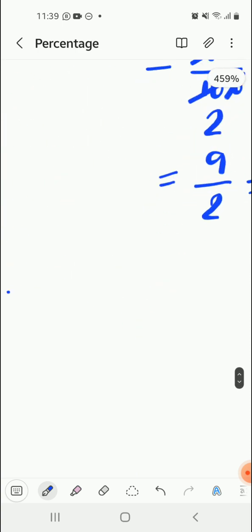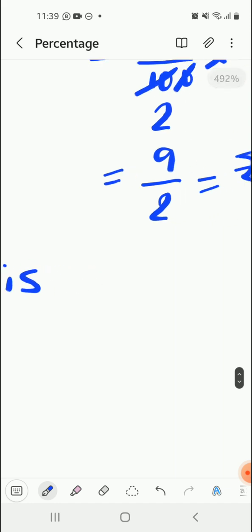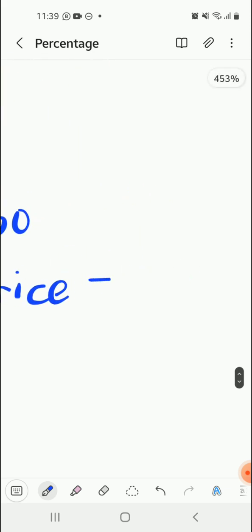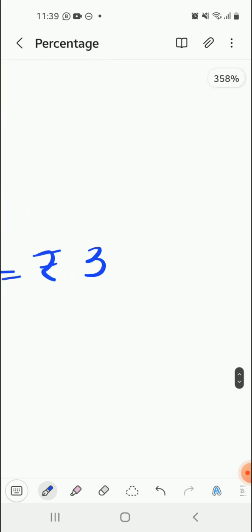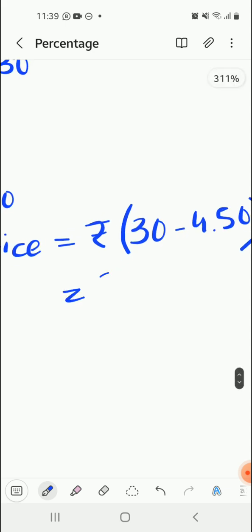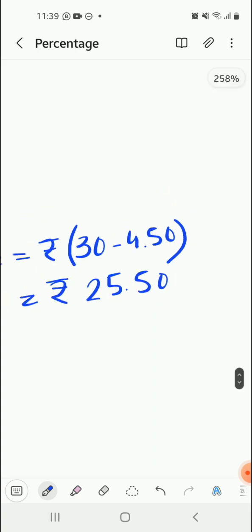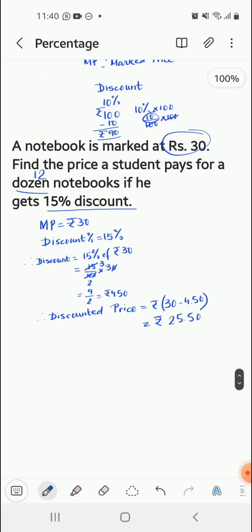So therefore the discounted price will be, discounted price is equal to, it was rupees 30 minus 4 rupees 50 paise, which comes to rupees 25.50. So it's 25.50 and 12, a dozen notebooks, are purchased.